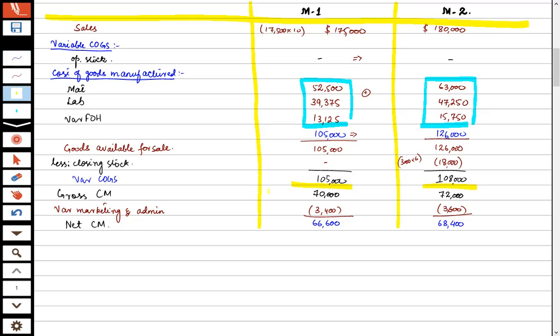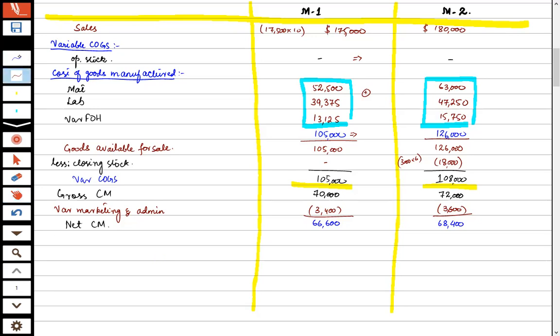Now, as per the way we have done break-even statements, after that CM, we deduct the fixed cost. All the fixed costs, whether they are the production, manufacturing fixed costs, or the fixed marketing and admin expenses, will all be deducted after net CM, and then we will get our net profit.